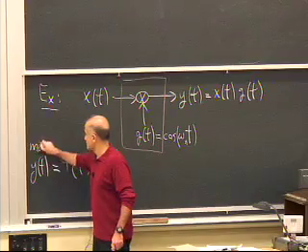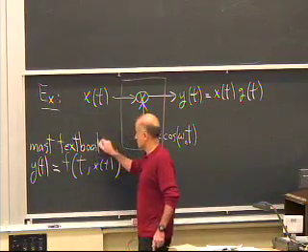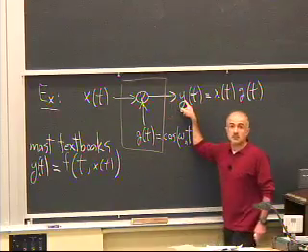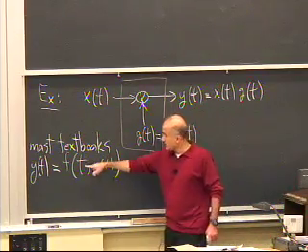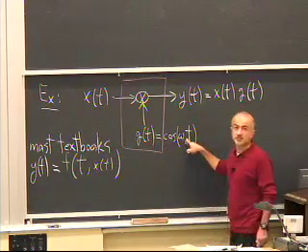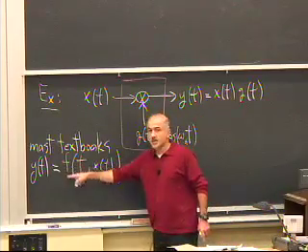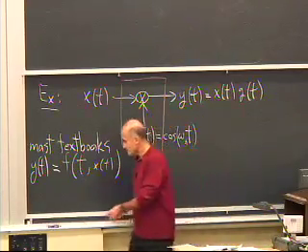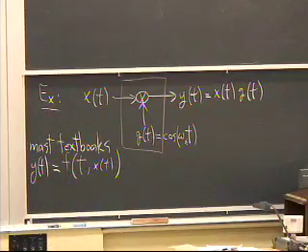Most textbooks. That's what this is. This is a function not only of x of t, but also of t. And the way it depends on t is through this cosine, or that g of t. This is a time-varying system. So other textbooks allow memoryless systems to be time-varying.